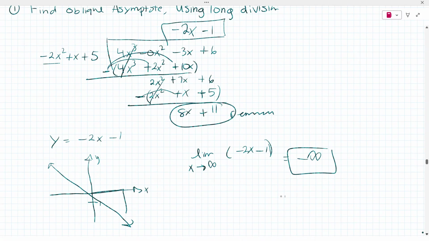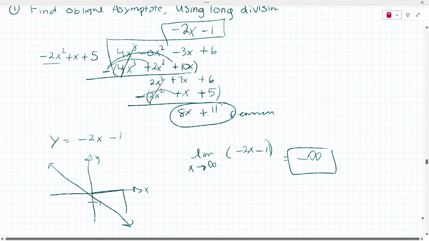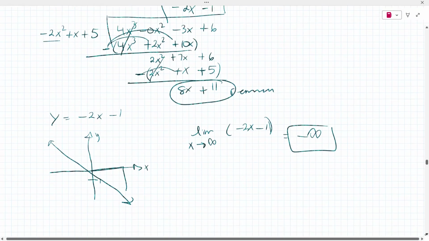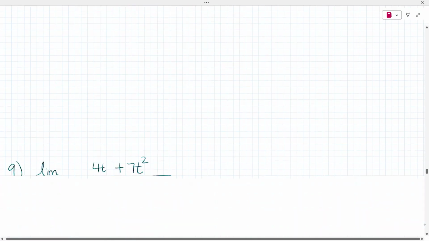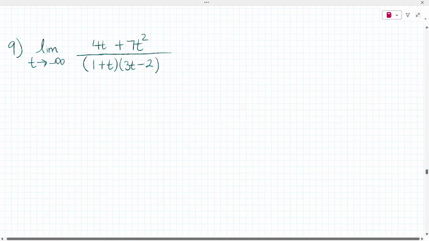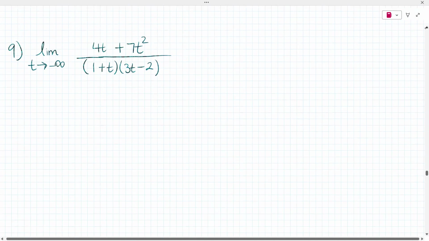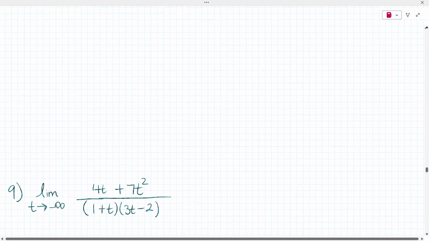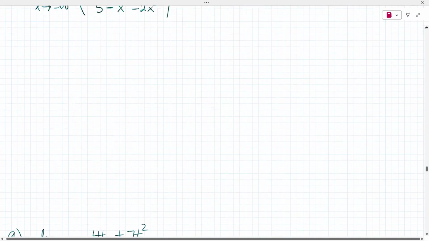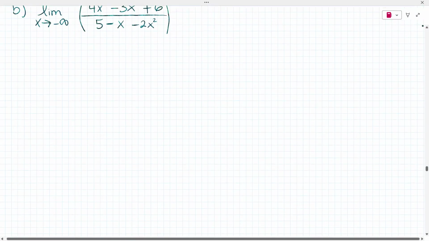Let's move on to 8b. So it's the same problem. Sorry. Yeah, 8b is the same problem.